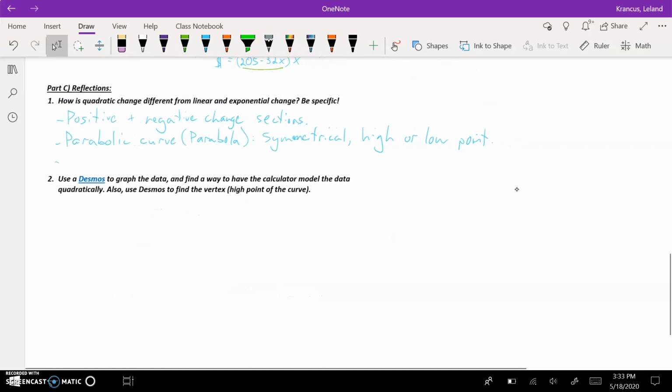But one of the other characteristics that we have is there are multiple intercepts. So there are two x-intercepts and one y-intercept possible.